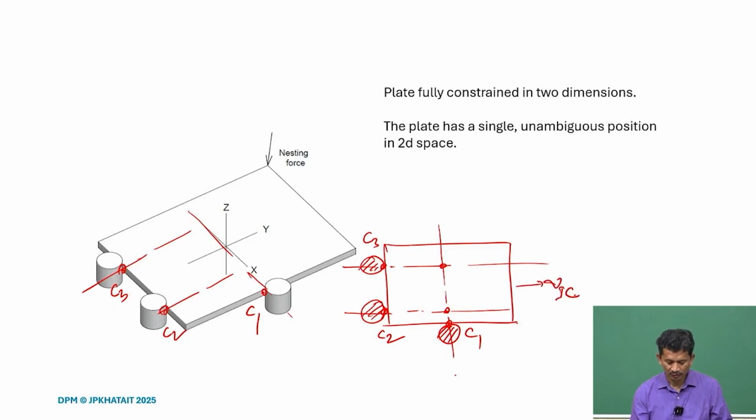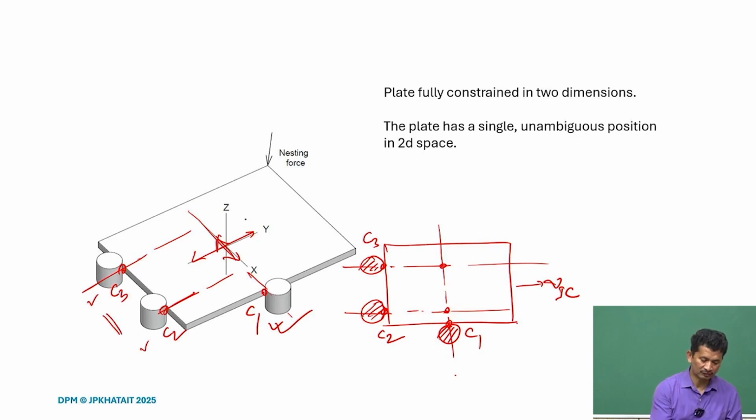So, for x motion we have C1, for y motion we have C2 and C3, and C2 and C3 together can constrain theta z rotation also. In this case it is fully constrained: x translation, y translation and theta z rotation are all constrained.